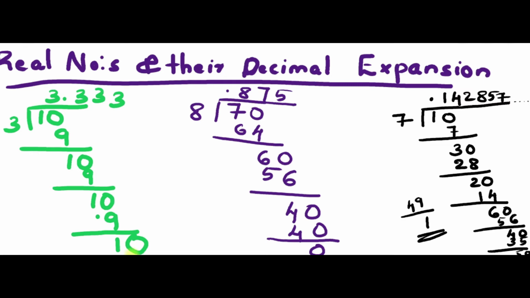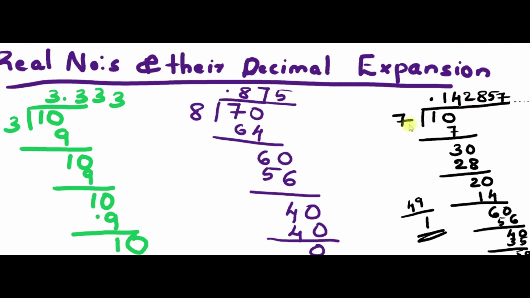That means the number of entries in the repeating string of remainders is less than the divisor, since the divisor is 3. In 1 by 3, one number repeats itself.